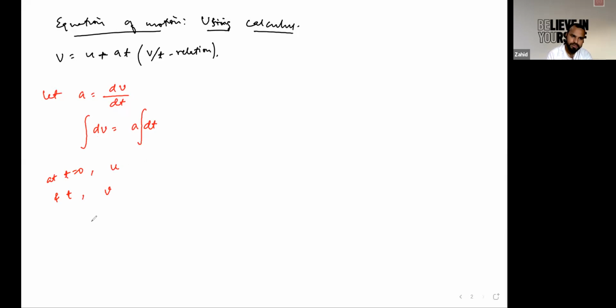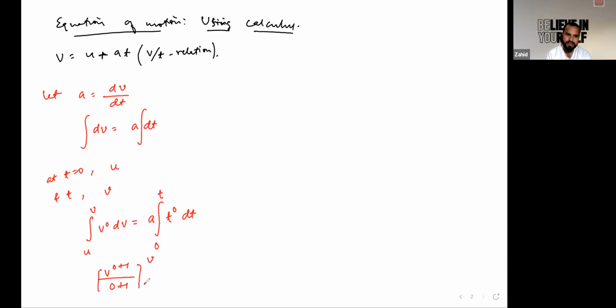So you may write this equation as the integral of v to the power 0 dv, from u to final velocity v, which is equal to a, being constant, times the integral of t to the power 0 dt from t equals 0 to t. Now on applying the equation related to this integration, it will be 0 plus 1 divided by 0 plus 1.